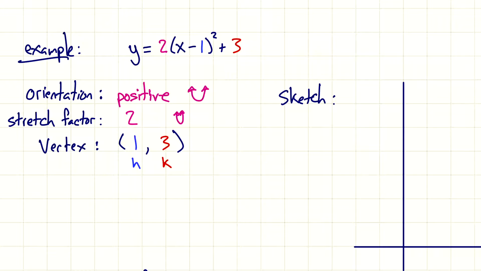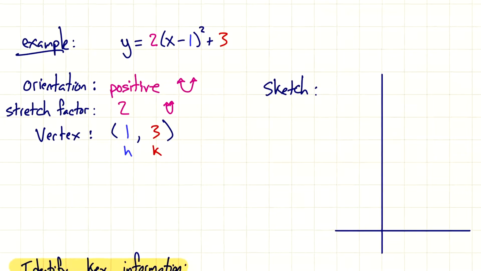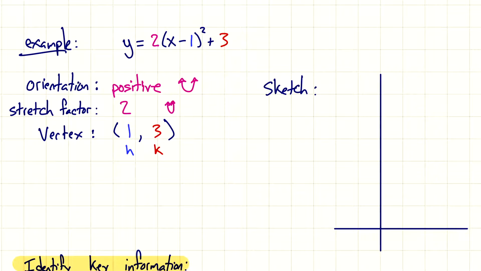All right, so let's look at sketching a graph of this. Now, I'm saying sketch here instead of graph because I don't want us necessarily to have to plot tons of accurate points, but we do have at least one accurate point and we have an idea of what it should look like.